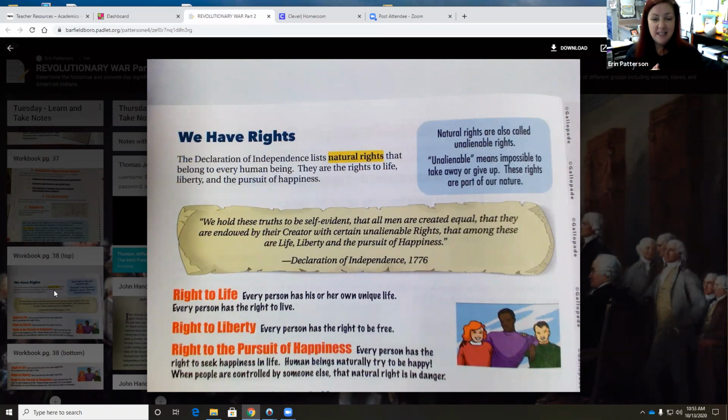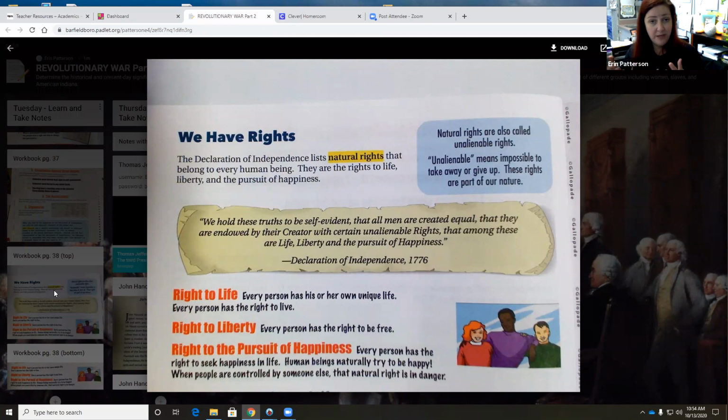The way we would say it today is, it is very evident that it is true that everyone is created equal, and they have certain rights as human beings that cannot be taken away from them. They have the right to be allowed to live, to have a life. They have the right to live that life freely, and they should be able to pursue their own happiness.